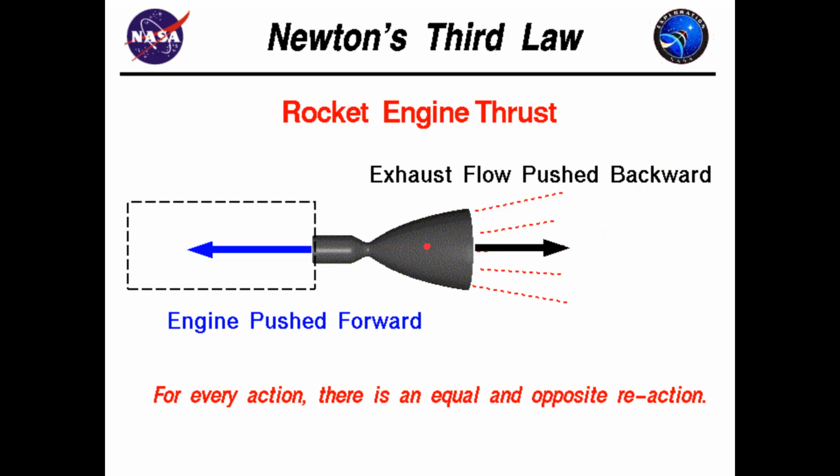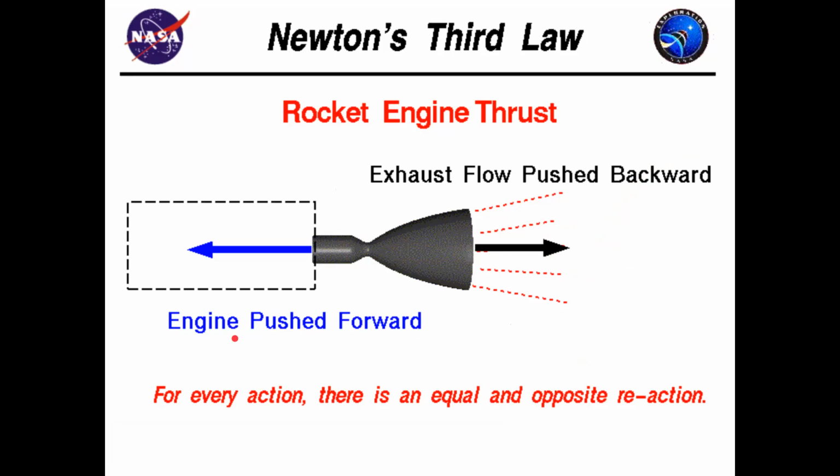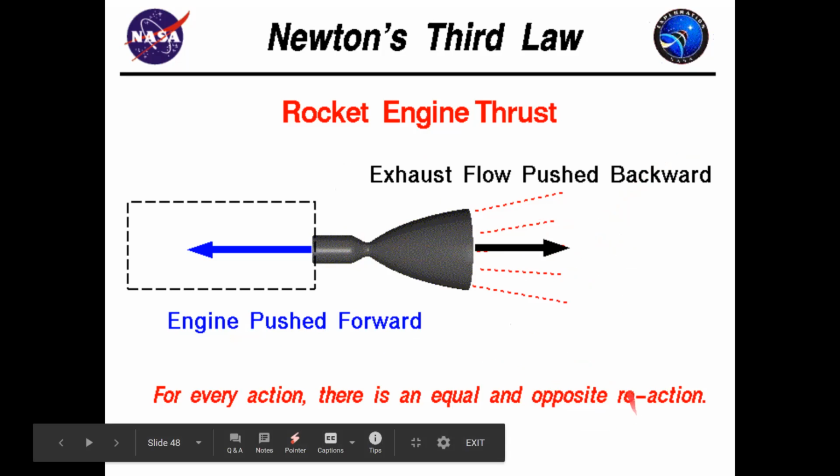The engine pushes the exhaust backwards, and the force of this exhaust getting pushed out is what pushes the engine forward, or up if it's sitting upright. So we have an opposite action compared to our initial one.